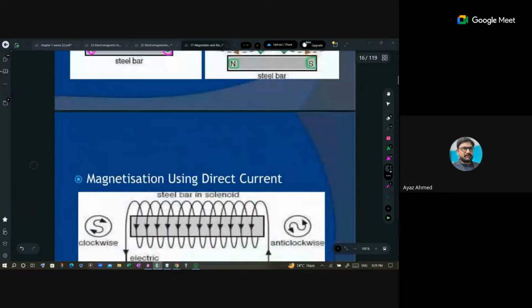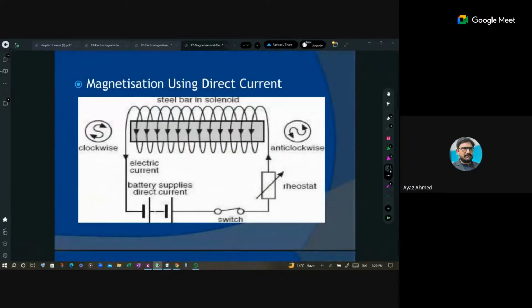Now this is the electrical method. This is a very important magnetization method. You have to use direct current, DC, for magnetization, right?